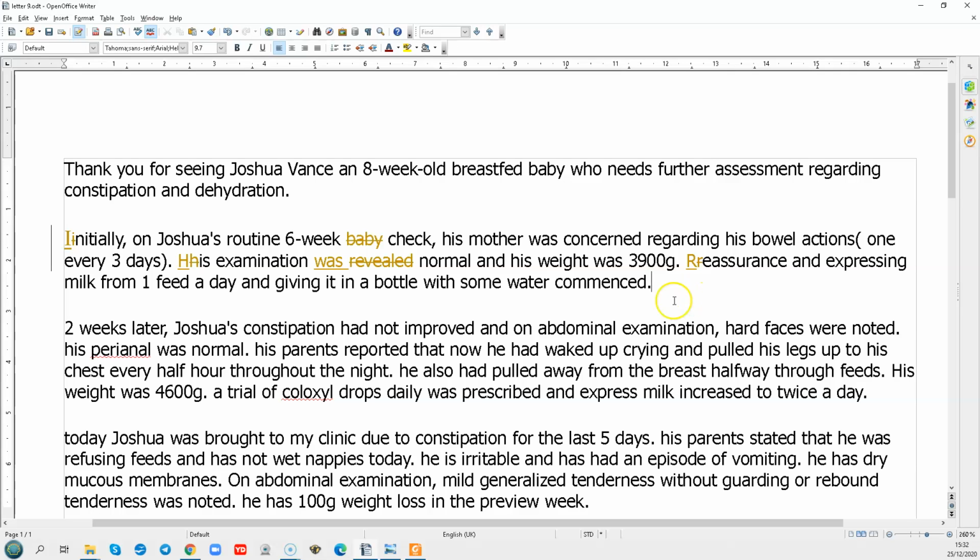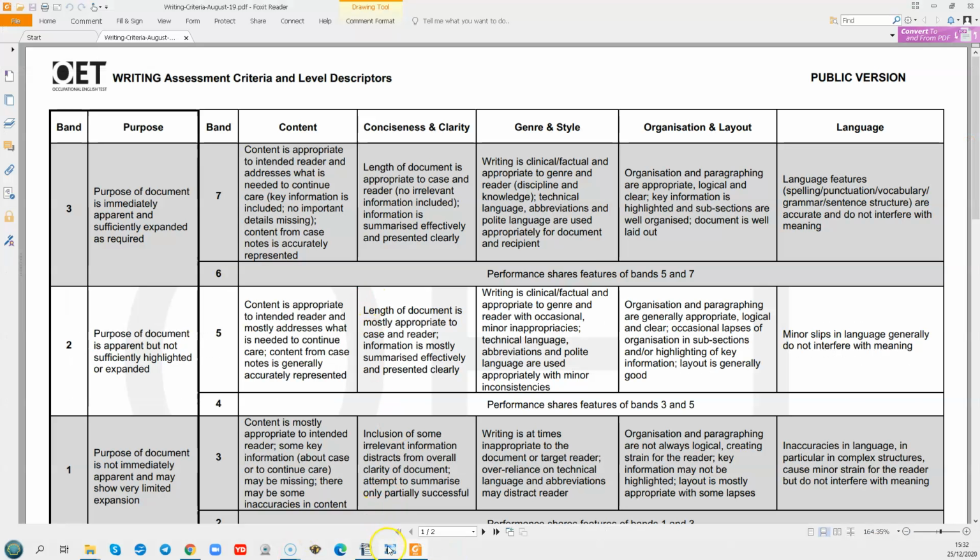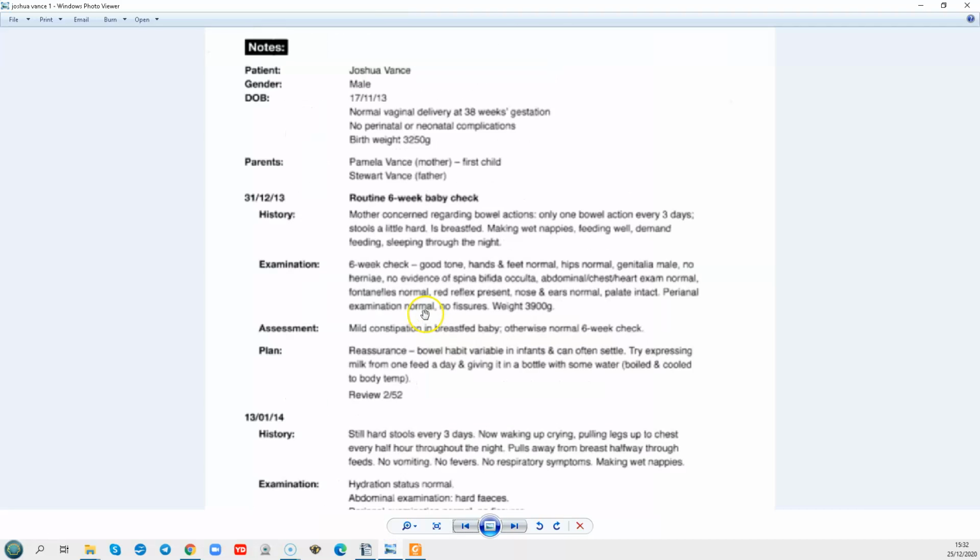So, she was reassured. You reassured her. But first, well, let's have a look at the notes in question. Where are we? Right. So, the plan was to reassure her. So, reassurance is not a noun here. It isn't a noun.